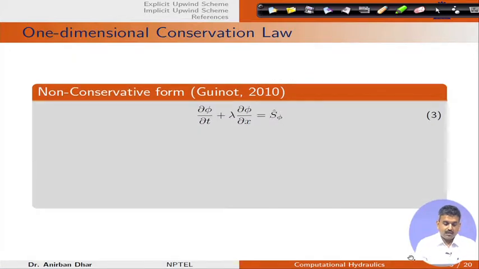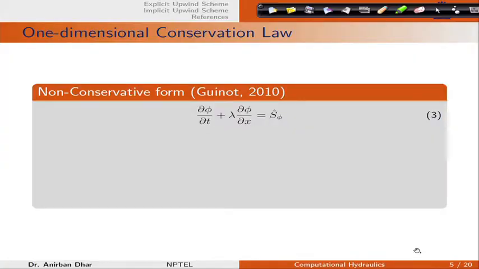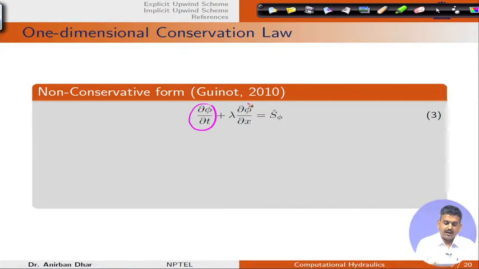So, we can write the non-conservative form, where del phi by del t plus lambda into del phi by del x. This is written in terms of our general variable phi, not in terms of flux f phi.